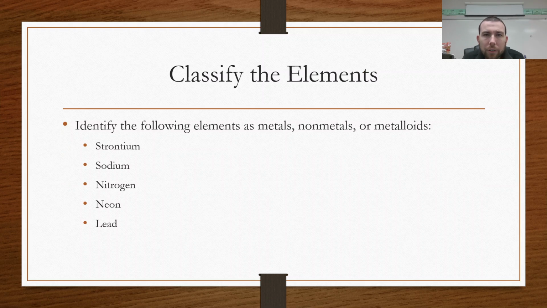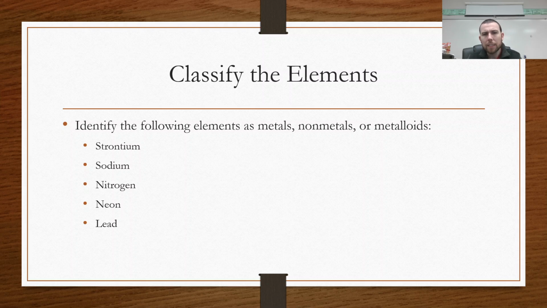All right. So the last thing I want you guys to be able to do as we end this video, I want you to just in your notes or on a scratch sheet of paper, take a look at your periodic table, and I want you to find each of these elements, and they should be very familiar to us. We've been doing a lot of example problems looking at just these 5 elements. And I want you to identify each of those elements as either a metal, nonmetal, or a metalloid.